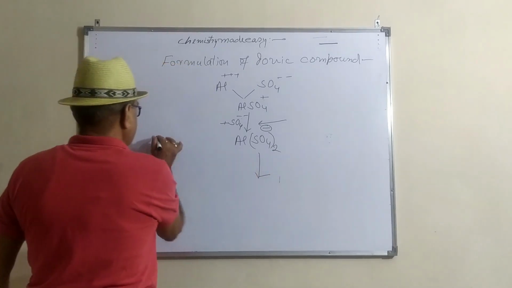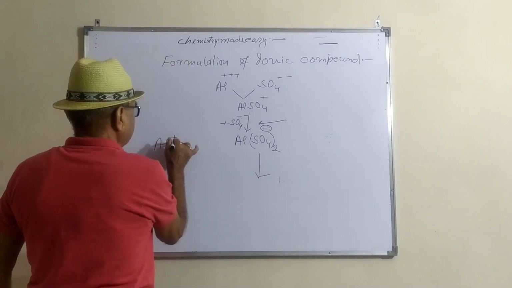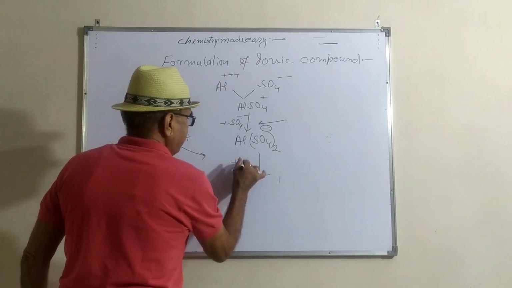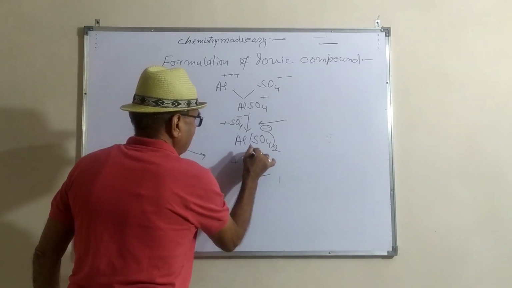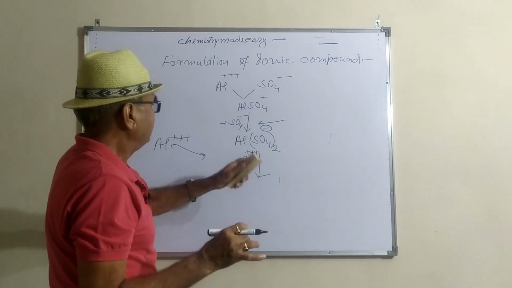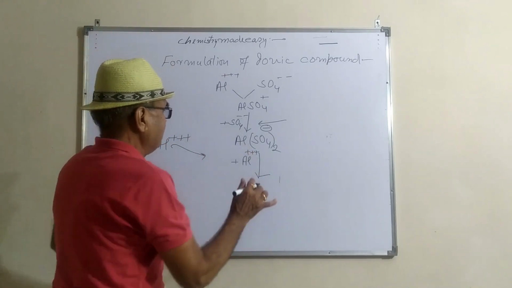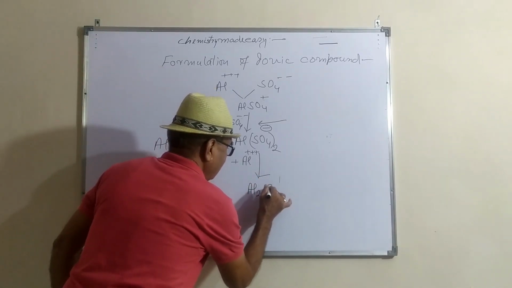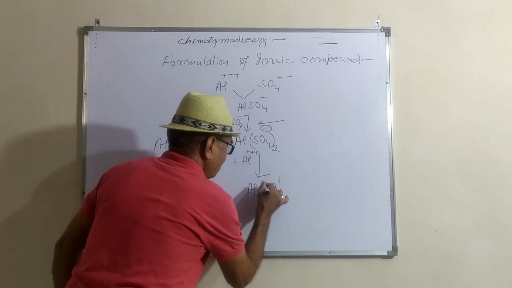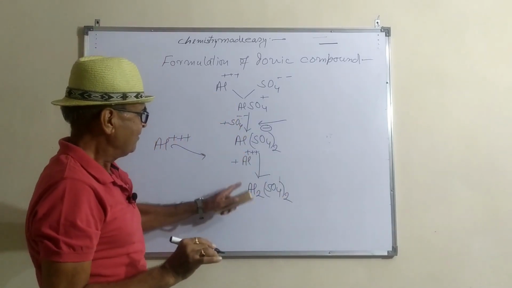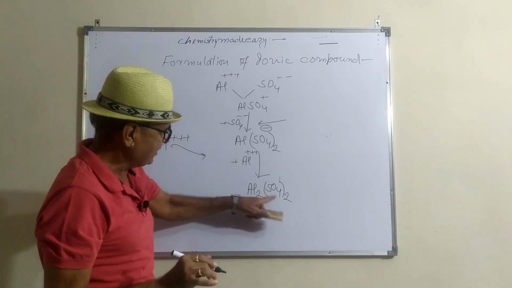The second aluminium ion will come and you will add it here. Then the formula will be Al2(SO4) twice.